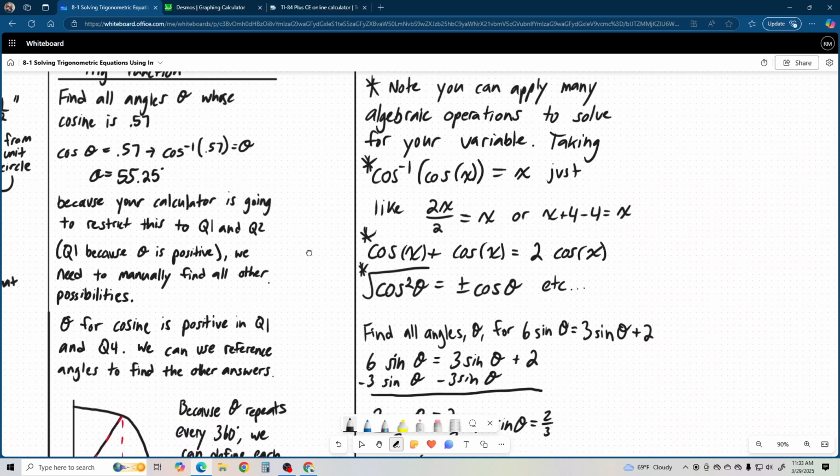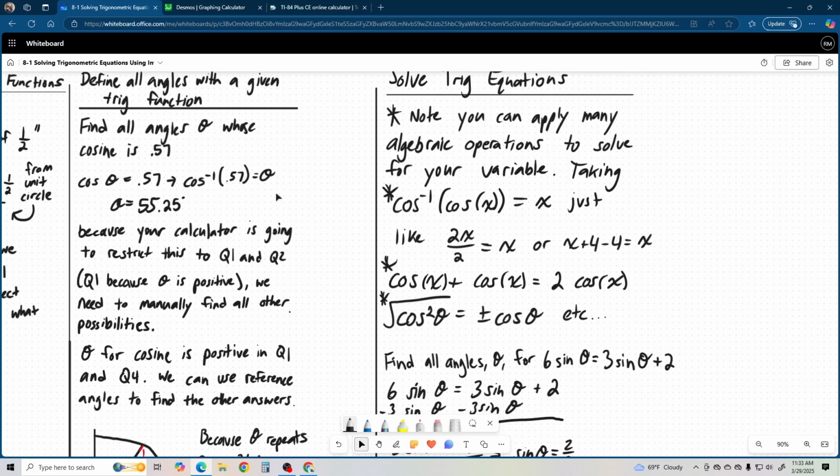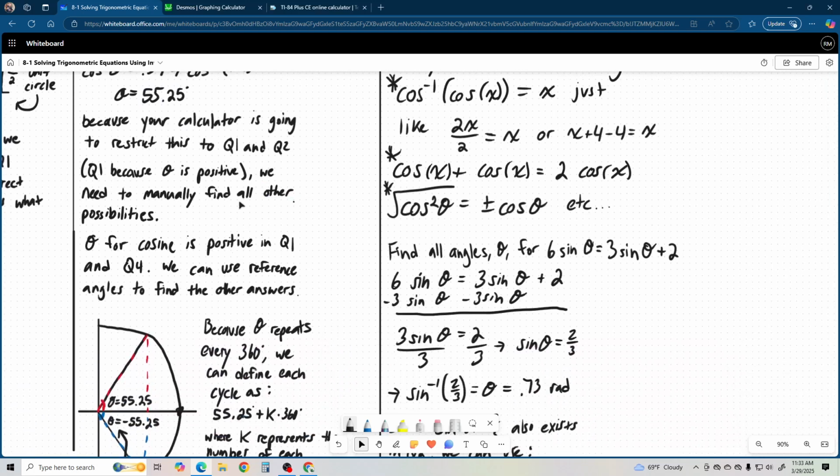Your calculator restricts this to quadrant 1 and quadrant 2, because that's what it thinks cosine has to be restricted to. If it restricts it to quadrant 1 and quadrant 2, we get an answer for theta that's positive, which means it's going to choose the one in quadrant 1. That makes sense. So we need to manually find all the other possibilities.